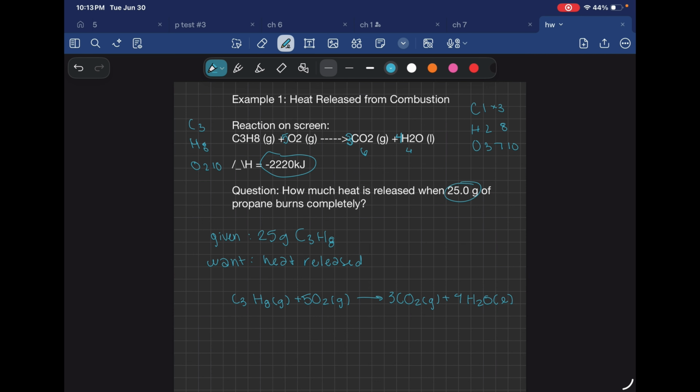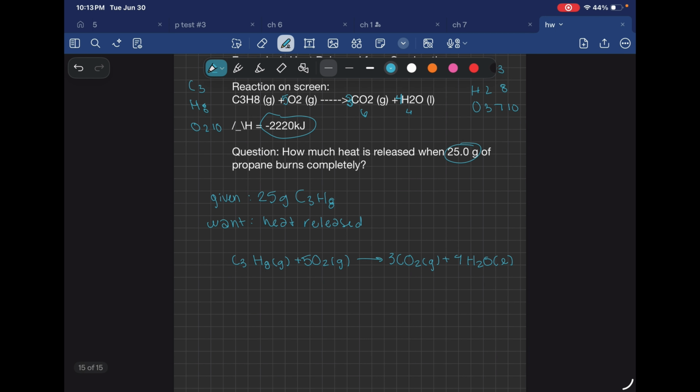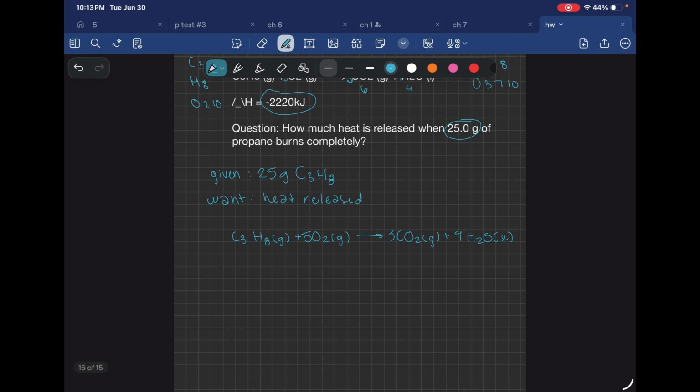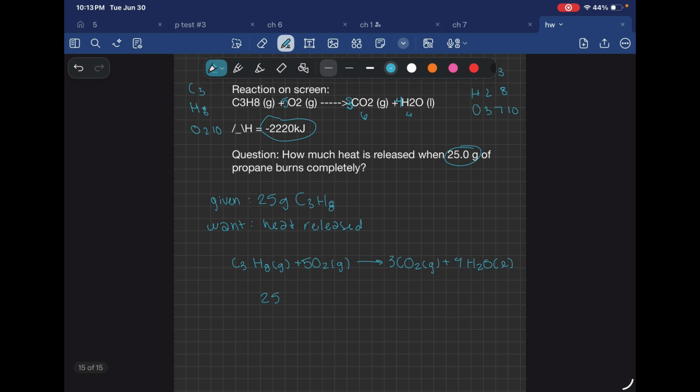So now from here on out, we can convert our grams to moles using the molar mass that we were given earlier. So we have 25 grams of propane, 25 grams of C3H8, times 1 mole, because we're trying to find the moles.